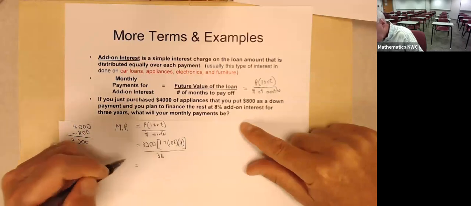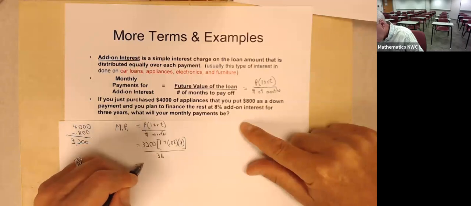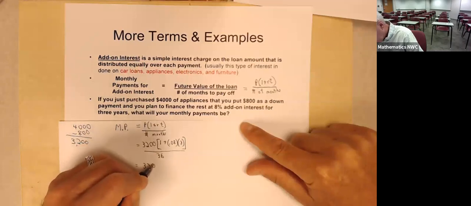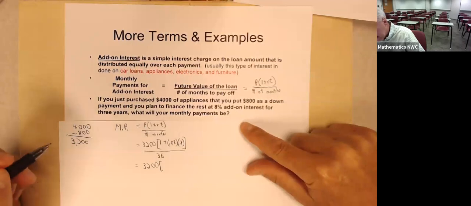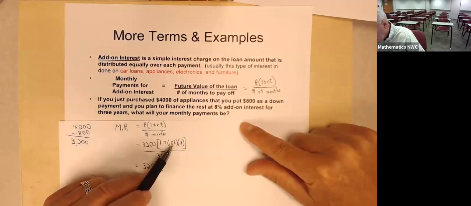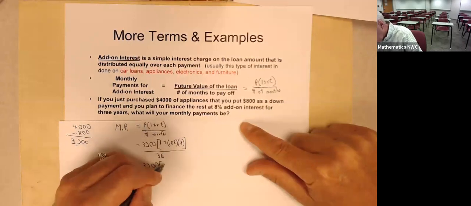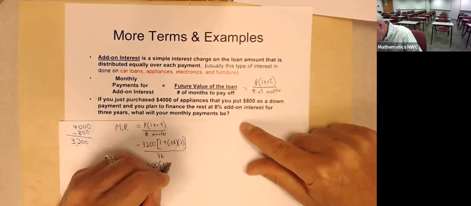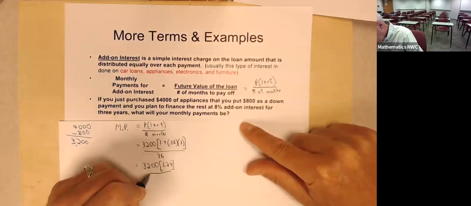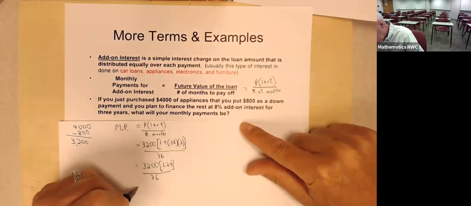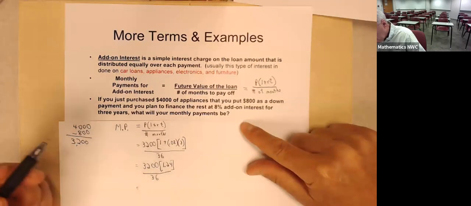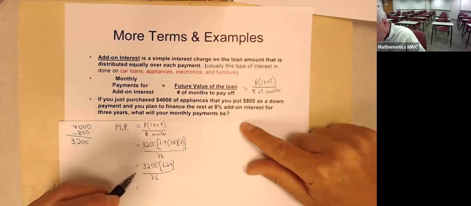Now I just need to go with the calculator here. I would probably first get this bracket down. I would take 0.08 times 3. That would give me 0.24, plus 1 would be 1.24, all divided by 36. So I would take 3,200 times 1.24 divided by 36.